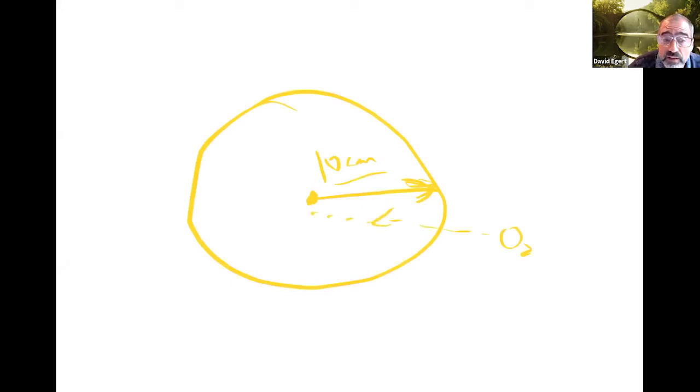So diffusion is great over a fraction of a millimeter, but once you get beyond that, diffusion does not move things very far, very fast at all. So how is it that we get the oxygen to all our cells, given that the oxygen is out here and all our cells are in here? How do we get the oxygen to them all?